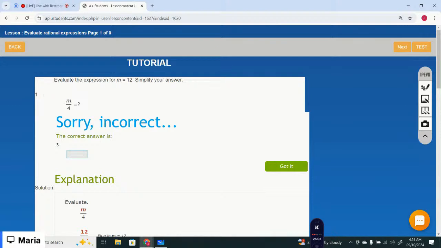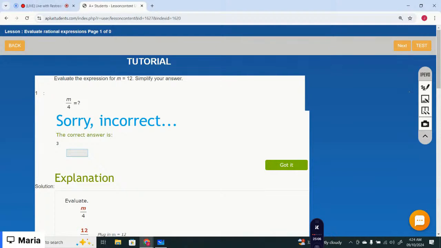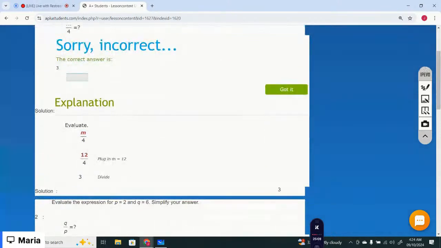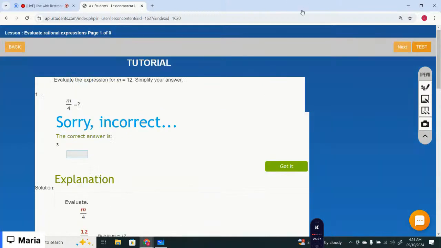So replace the m with the 12, right? The expression is m over 4. So that is 12 over 4, and 12 over 4 equals 3. Okay, let's just start with the test questions.